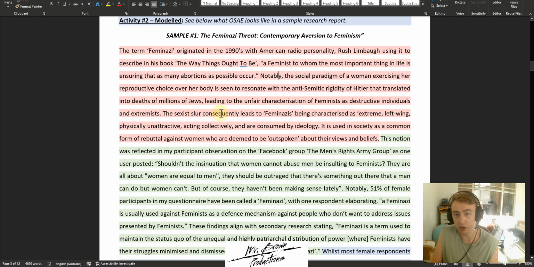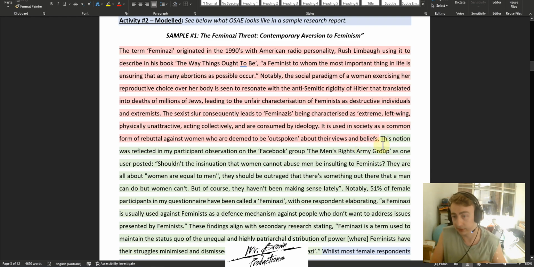The sexist slur consequently leads to feminazis being characterized as extreme, left-wing, physically unattractive, acting collectively, and are consumed by ideology. It is used in society as a common form of rebuttal against women who are deemed to be outspoken about their views and beliefs.